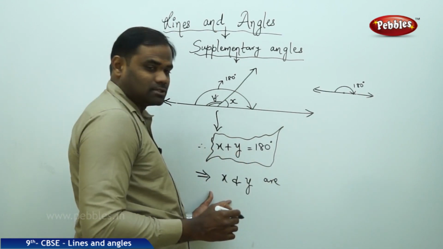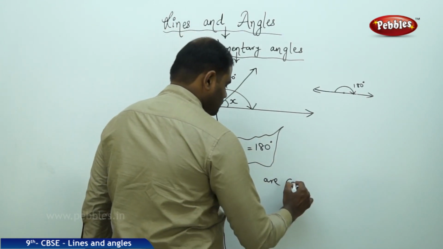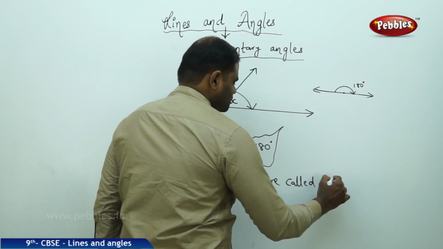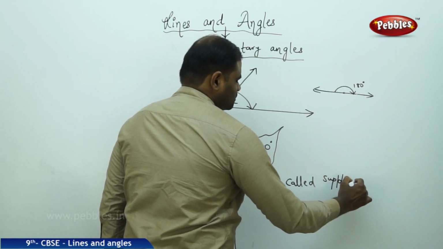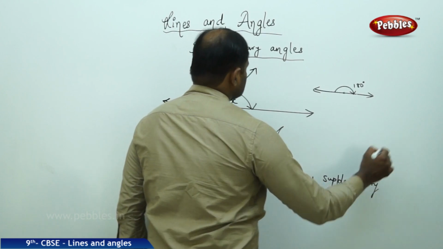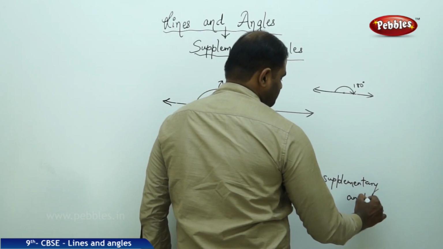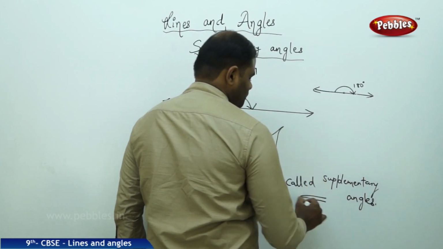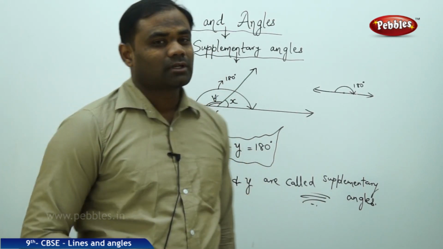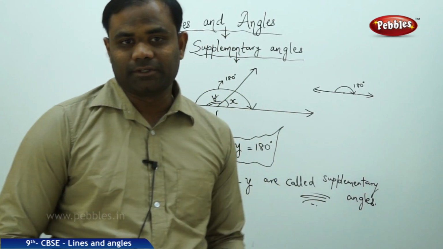If this equals this, X and Y are called supplementary angles. Supplementary angles and their definition.